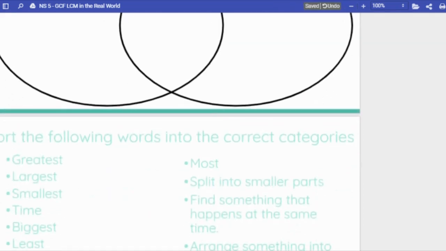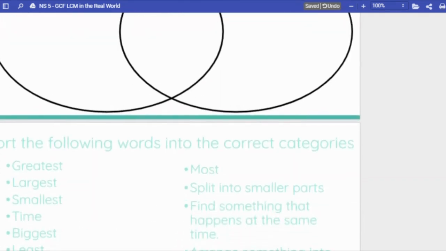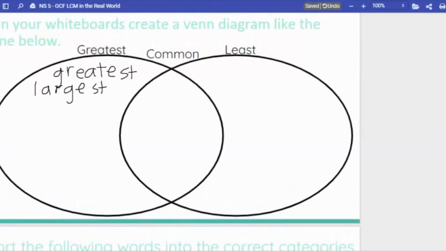Now let's look at our next one, largest. Well, greatest and largest mean the same thing. So if it's asking us to find the largest of something, that's also going to be a greatest common factor problem. Next one is smallest. So smallest and least would go together.